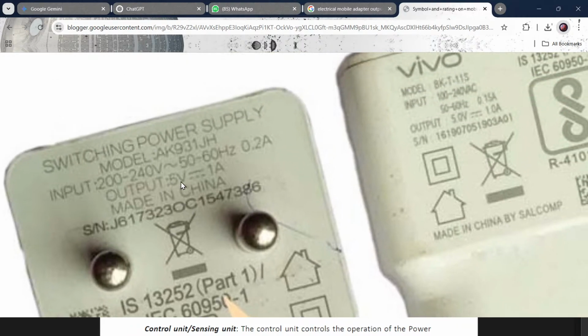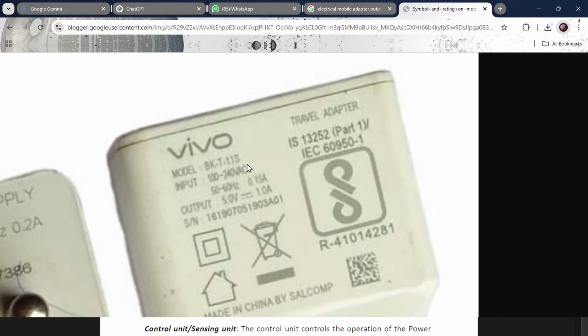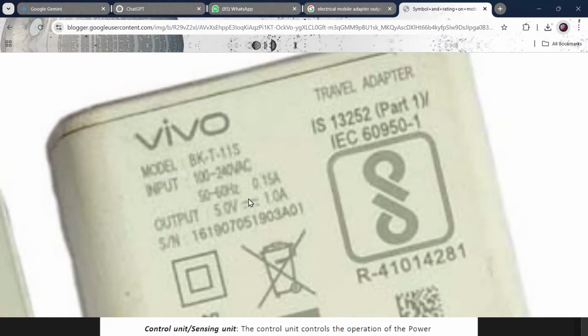Here, the output is fixed 5 volt DC. In some of the chargers, this is 5 watt only. Let's assume it's 18 watt. Then we have 9 volt, 2 ampere, 12 volt, 1.5 ampere, all these things.